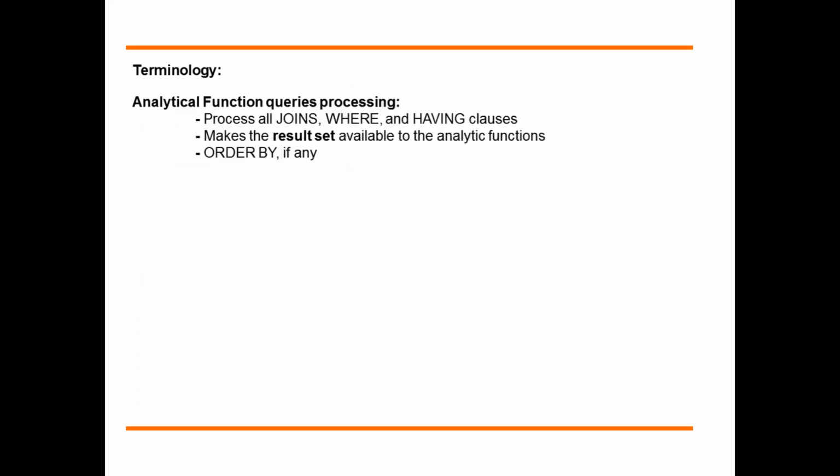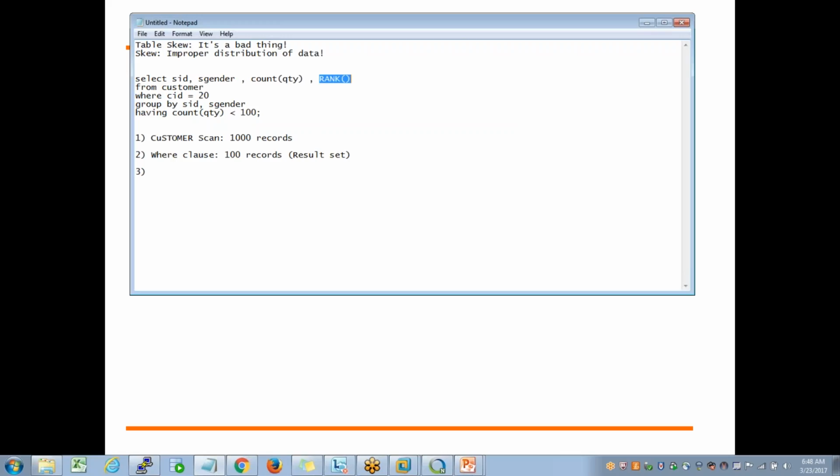If there is a query which has analytical functions that I am executing, it processes all joins first, where clauses and having clauses, and then whatever is the output of these operations, the result set is available to the analytical function. Then at the end, the order by clause is applied.